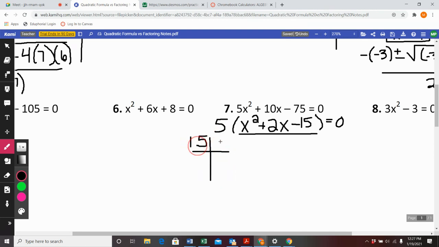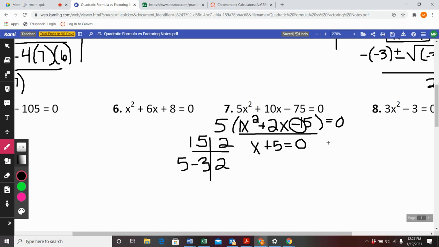They give you a +2 when you subtract. So what are they? 5 minus 3, right? So am I going to have to do the kickback? Is there an A greater than 1? Nope, that is a 1.